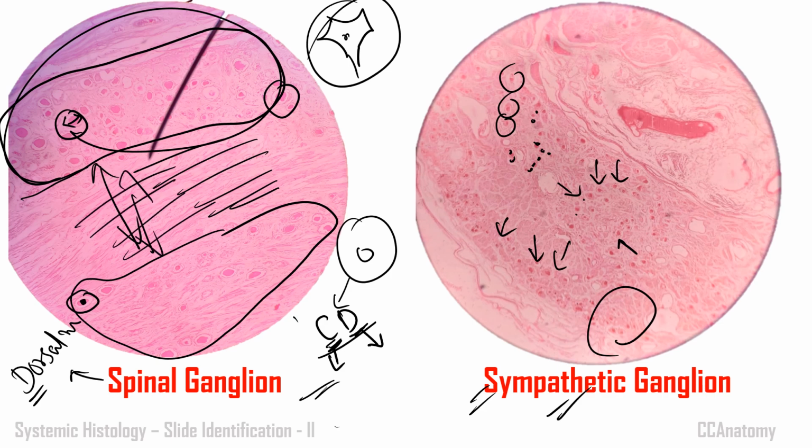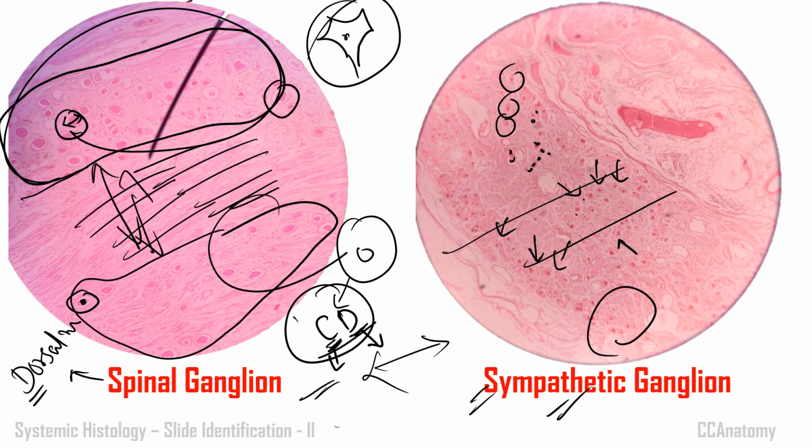The cell bodies are a bit larger and you can see the central nucleus. The mnemonic I have given is CD. In the sympathetic ganglion, the cell bodies are so tiny and scattered all over the slide, and you can't appreciate the cell body itself very clearly. So these are the points to differentiate the sympathetic from the spinal ganglion.